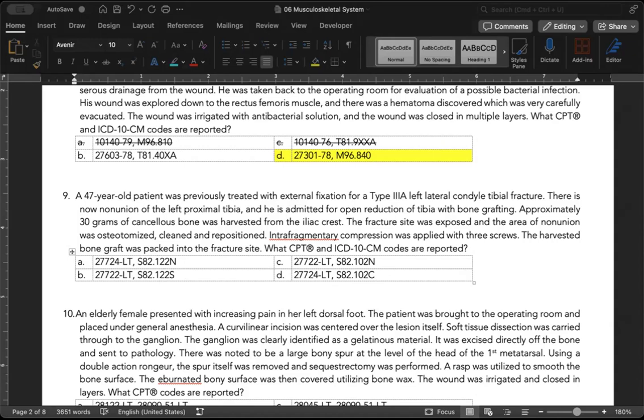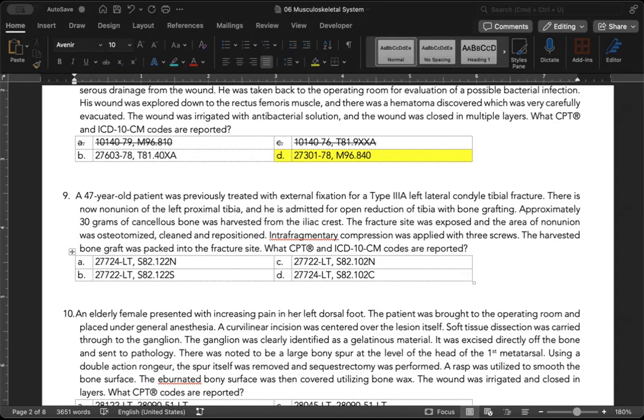So let's go to our ICD-10 book, to S82.122 and S82.102. S82.122 is a displaced fracture of the lateral condyle of the left tibia.